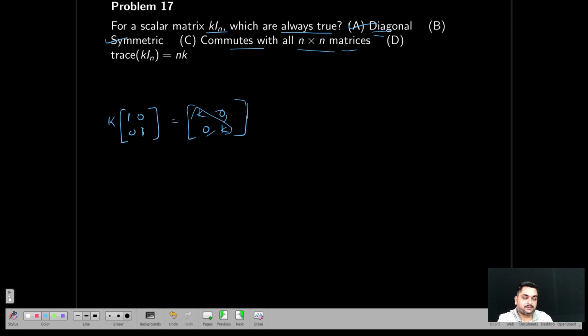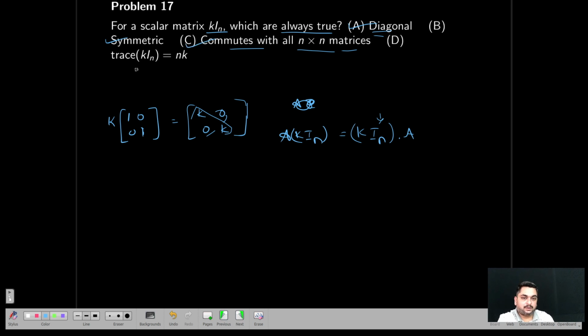Commutes with all n matrices. Commutative property. That means if I multiply A into K In, it should be equal to K In into A. This is always true because I is an identity matrix. Multiplying on both sides will give the same result. So this commutes, true.